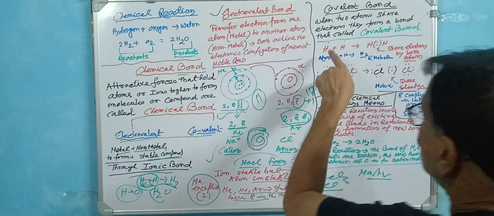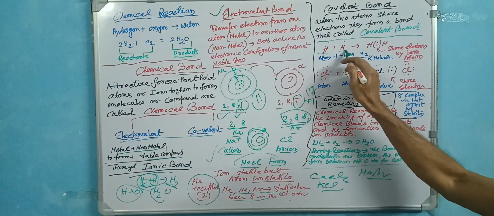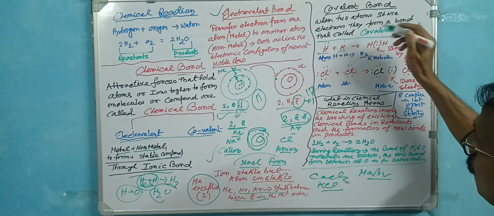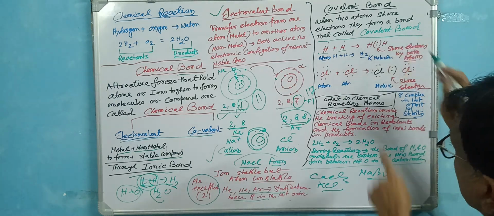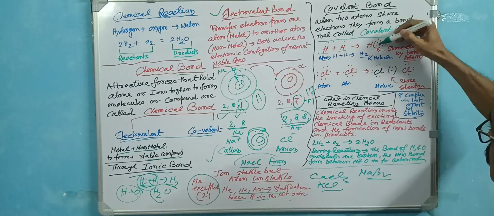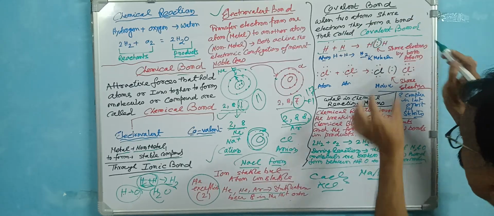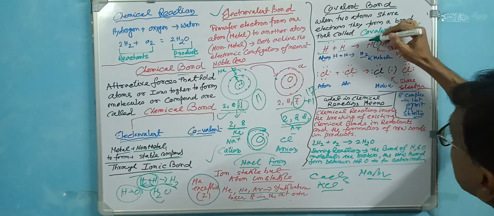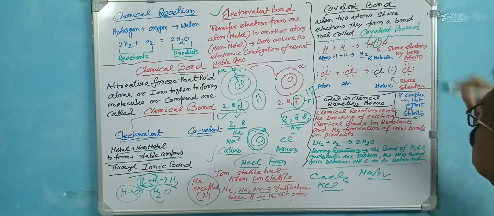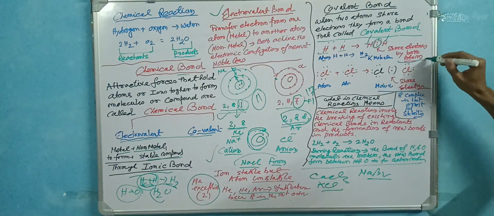This is one hydrogen atom, and this is another hydrogen atom. So these two atoms commonly share. Now the pair of electrons is shared by this atom and this atom also. So this is called sharing of electrons by both atoms.